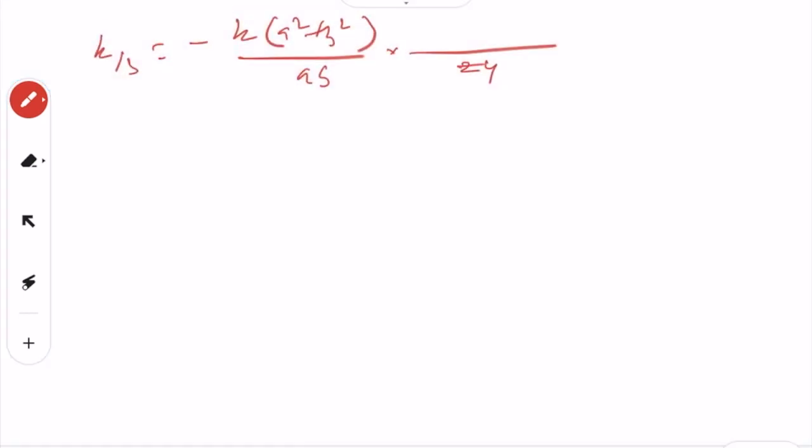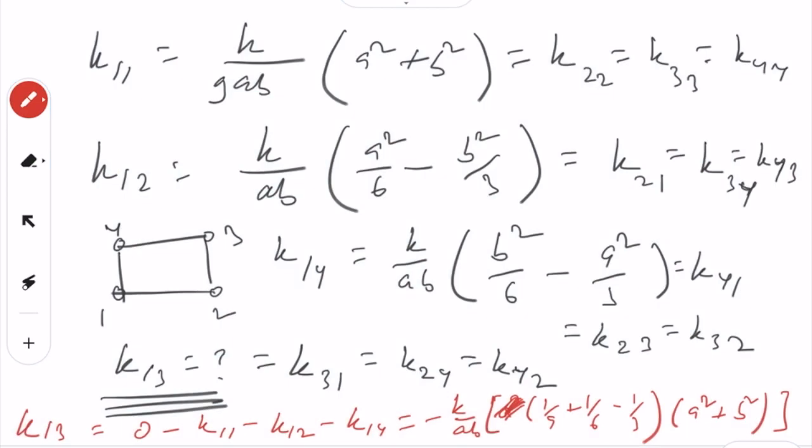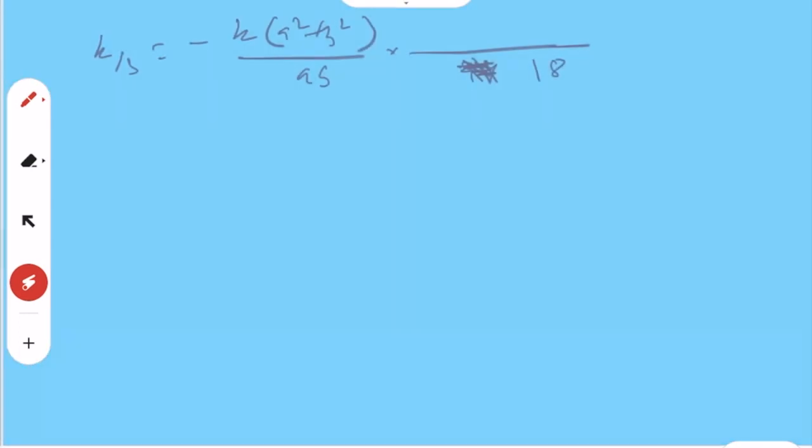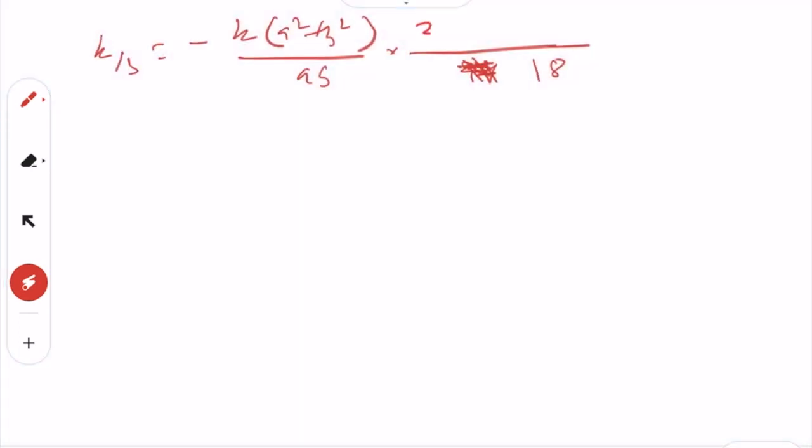So this is 18 here, and then we have 2 plus 3 minus 6, 2 plus 3 minus 6, 2 plus 3 minus 6. Okay, so this is what we have.